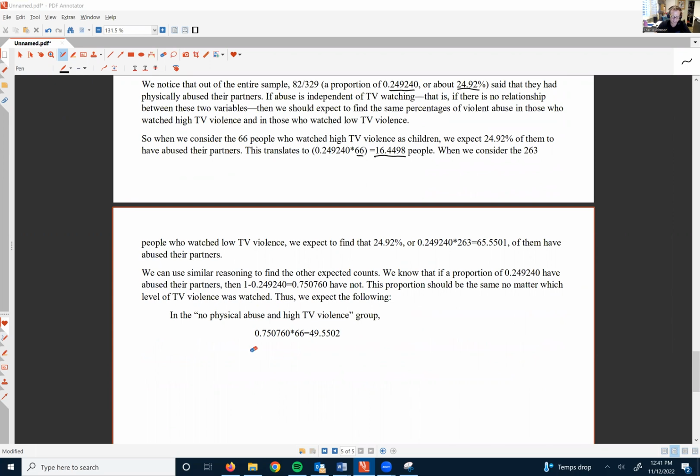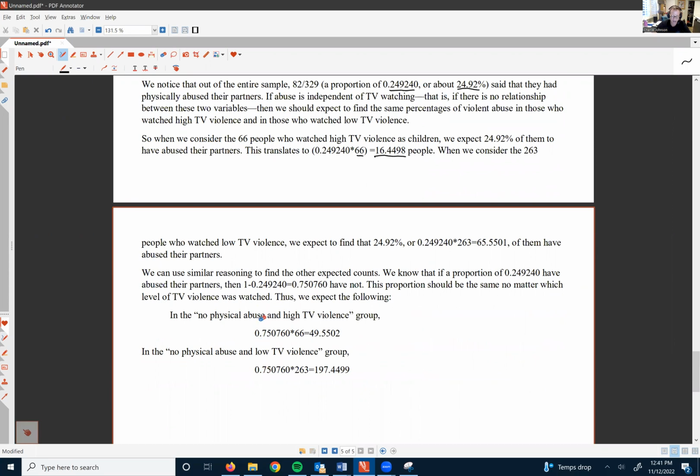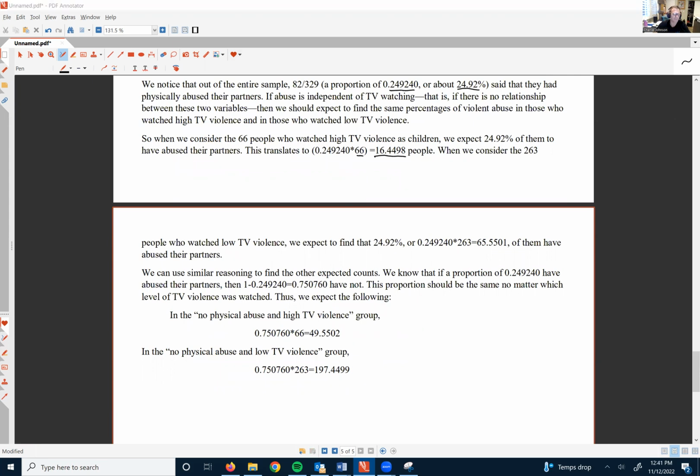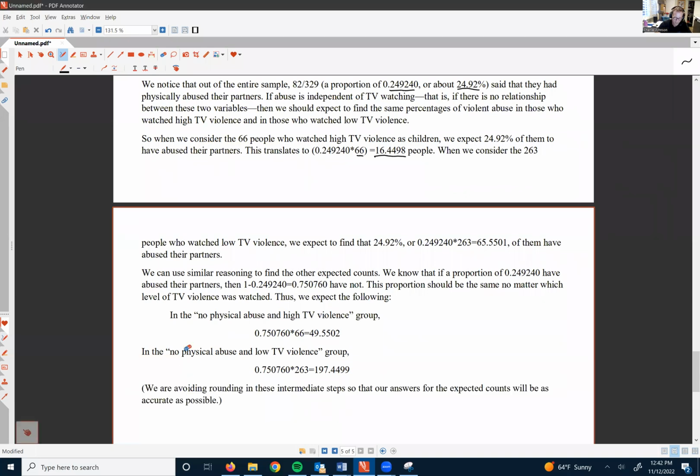In the no physical abuse and low TV violence group, we would get an expected count of 197.4499. And we're avoiding rounding in these intermediate steps so that our answers for the expected counts will be as accurate as possible.